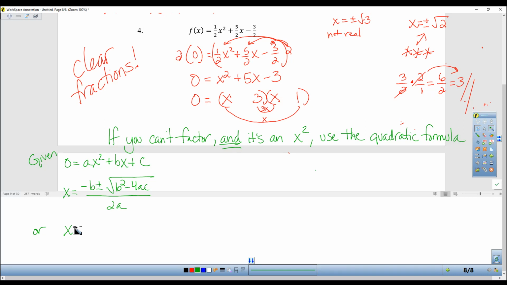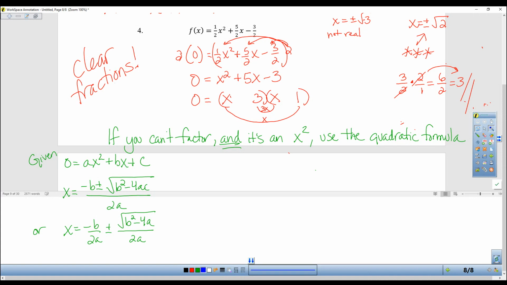Or, if you think you're going to get it wrong, negative b over 2a. Some people do this whole thing beautifully and then they simplify wrong. If you are one of those people, you should write it separately. And then your chances of simplifying it wrong are much smaller.